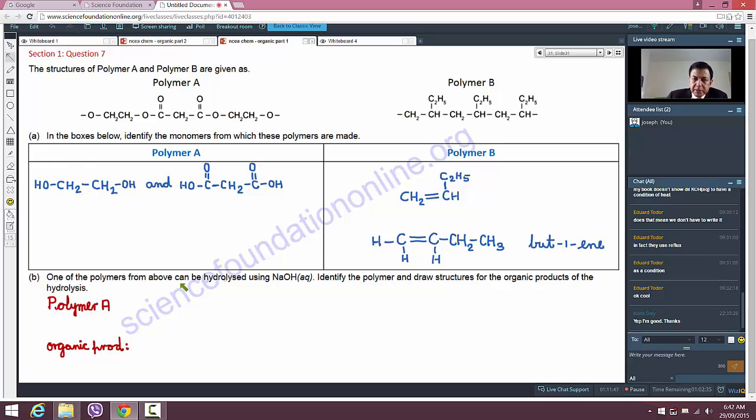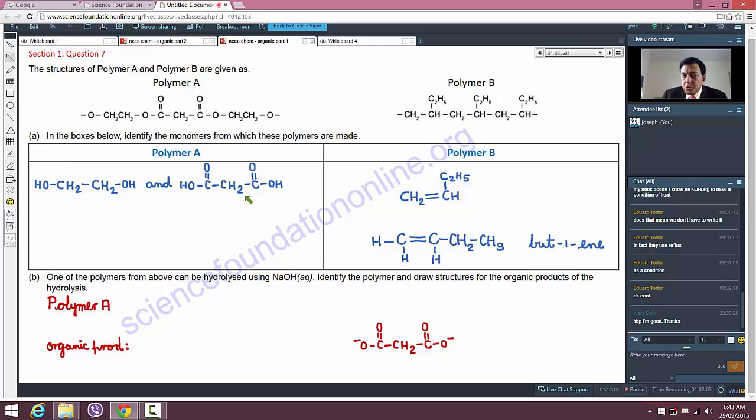So, one of the polymers above can be hydrolyzed using sodium hydroxide solution. Identify the polymer, that's polymer A, that's why we've written it there like that, and draw the structures for the organic products of the hydrolysis. So, they wanted to see whether you could identify the two molecules, and of course under alkaline conditions, if you gave the acid, you wouldn't have got the full mark because the acid then reacts with the alkali to give you the alkanoate ion.